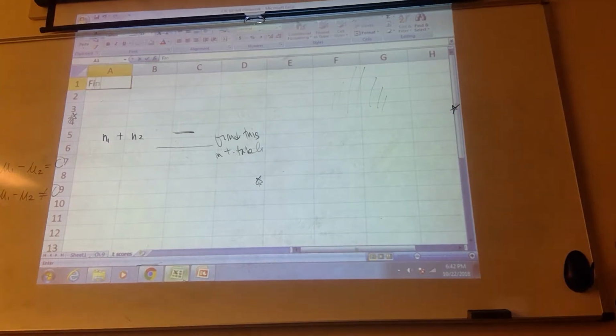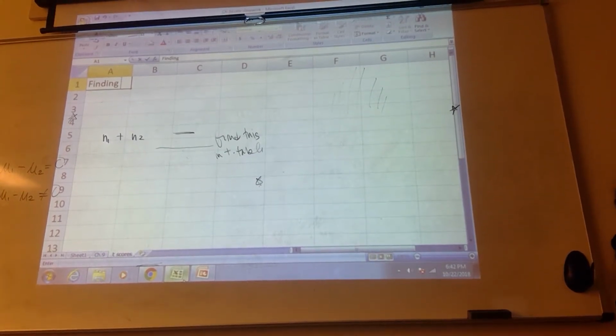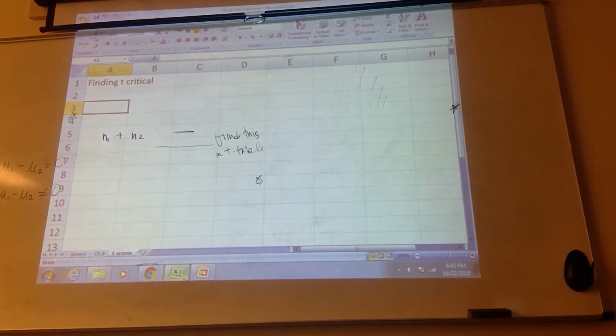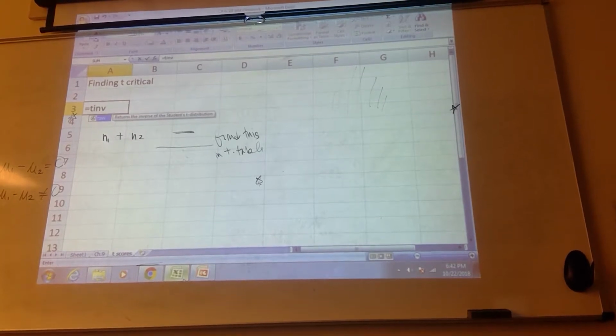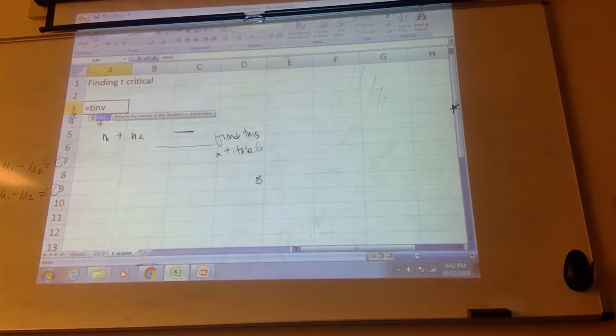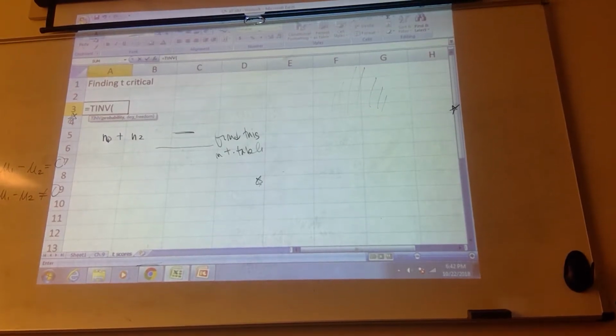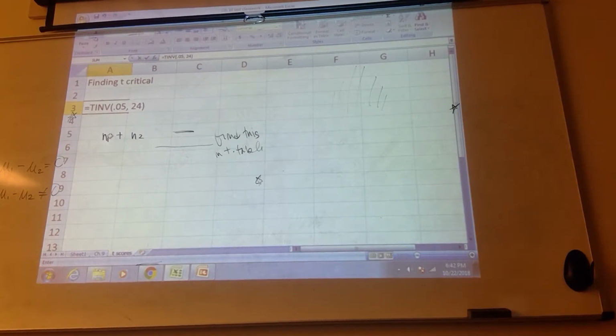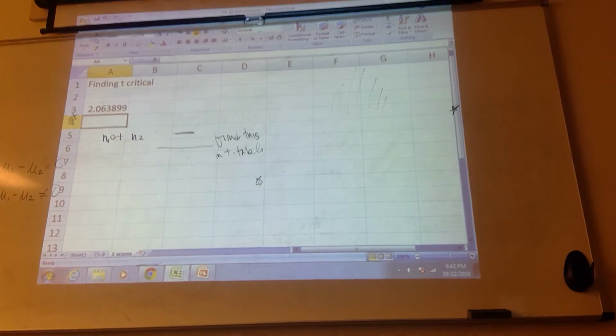Finding T critical is equal to TINV. We want the probability, which is 0.05, and we'll do 24. Is that what they do in the example?